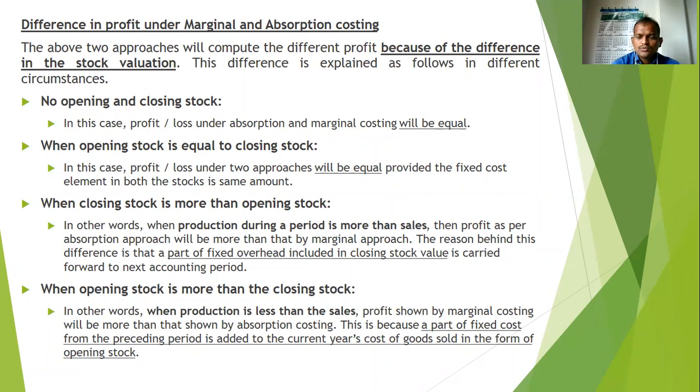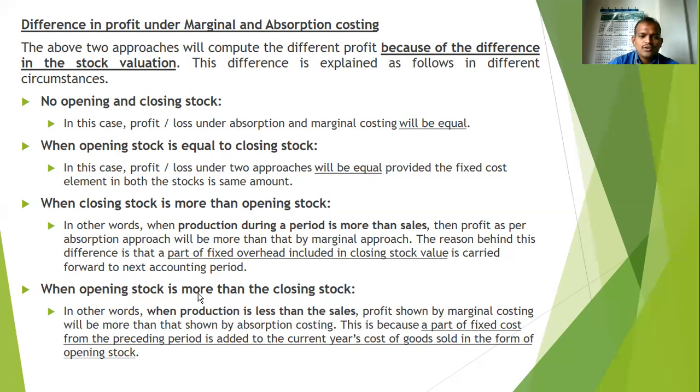But in marginal costing, they will exclude the fixed cost portion. So, in such a case, profit as per the absorption approach will be more than that by the marginal approach. The reason behind this difference is that a part of fixed overhead included in the closing stock value is carried forward to the next accounting period.